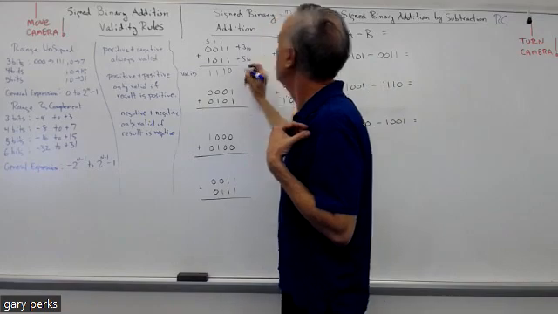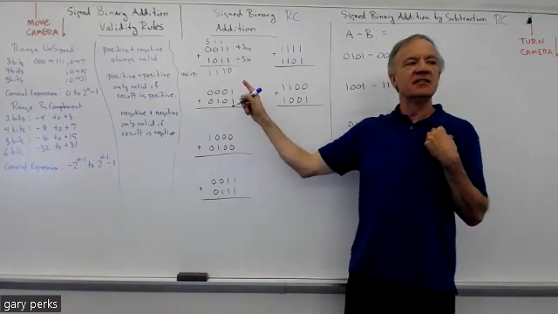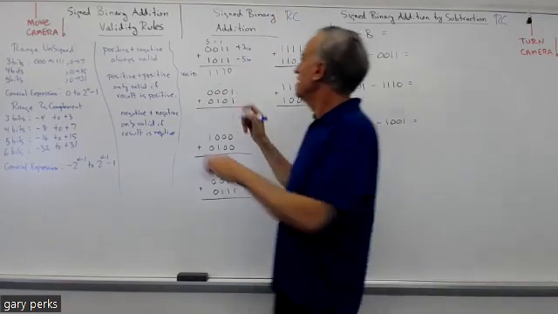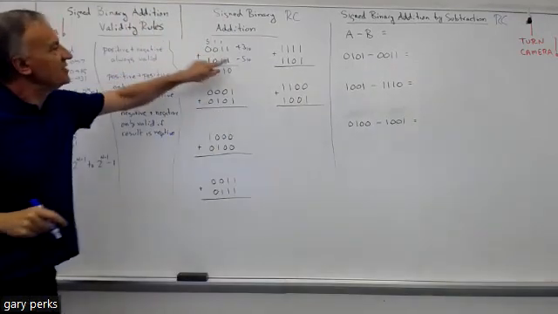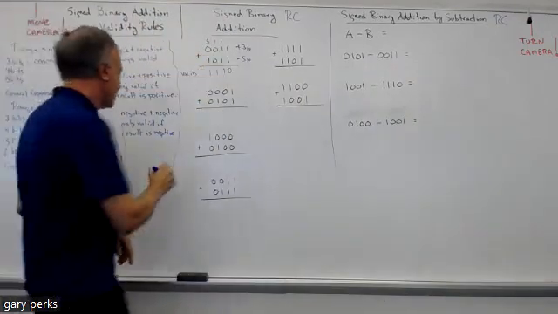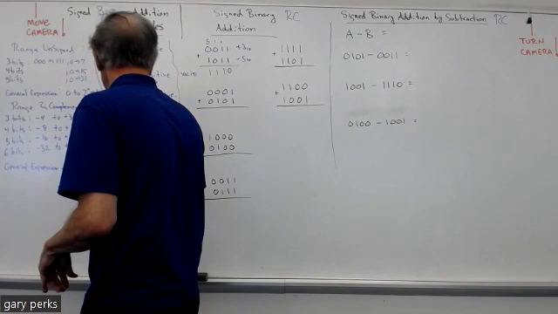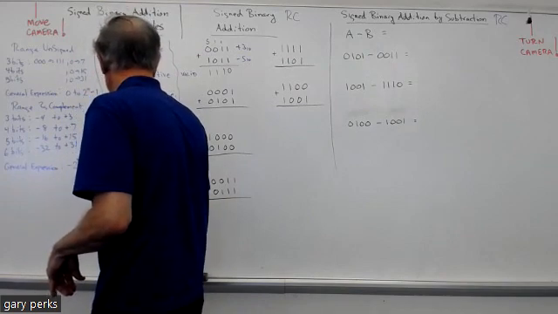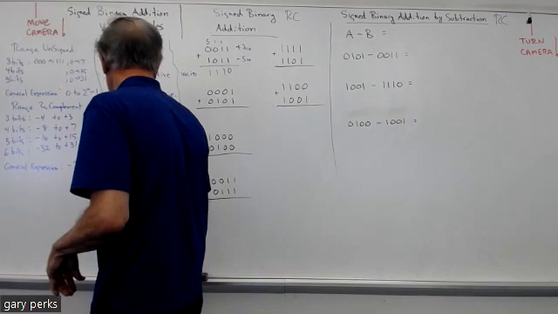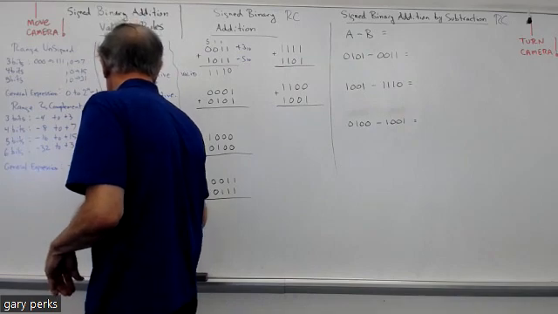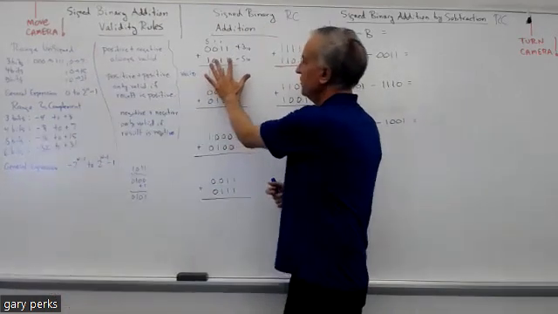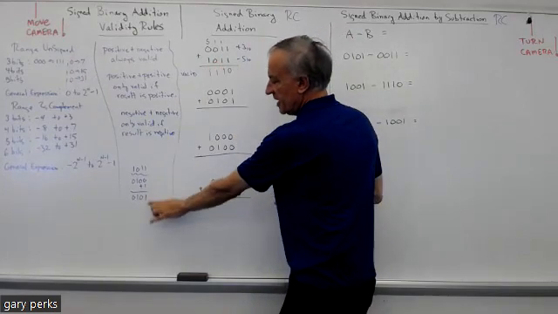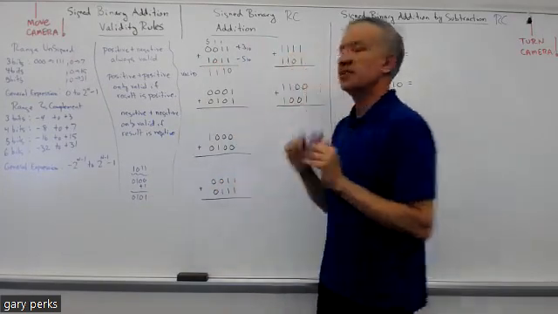Flip all the bits and then add 1. The sign bit tells us it's negative, and to get the magnitude we flip the bits and add 1. When I flip these bits and add 1, I get 5. So it's -5.